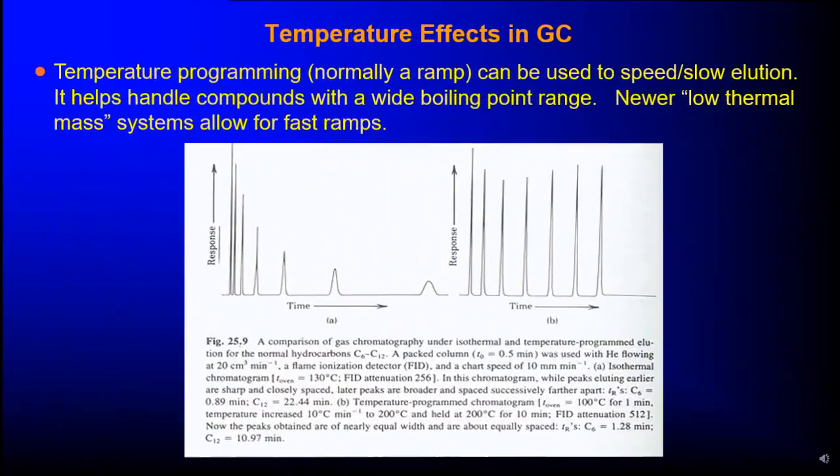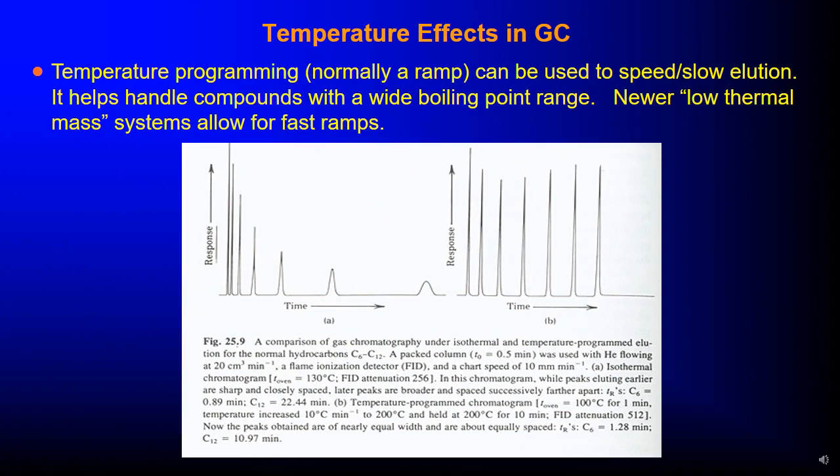So temperature effects in gas chromatography are very important. Temperature programming can be used to speed or slow elution. It helps handle compounds with a wide boiling point range. Newer low thermal mass systems allow for fast ramps. So you can see, for you to have a neat chromatogram here, you really need to work on temperature.